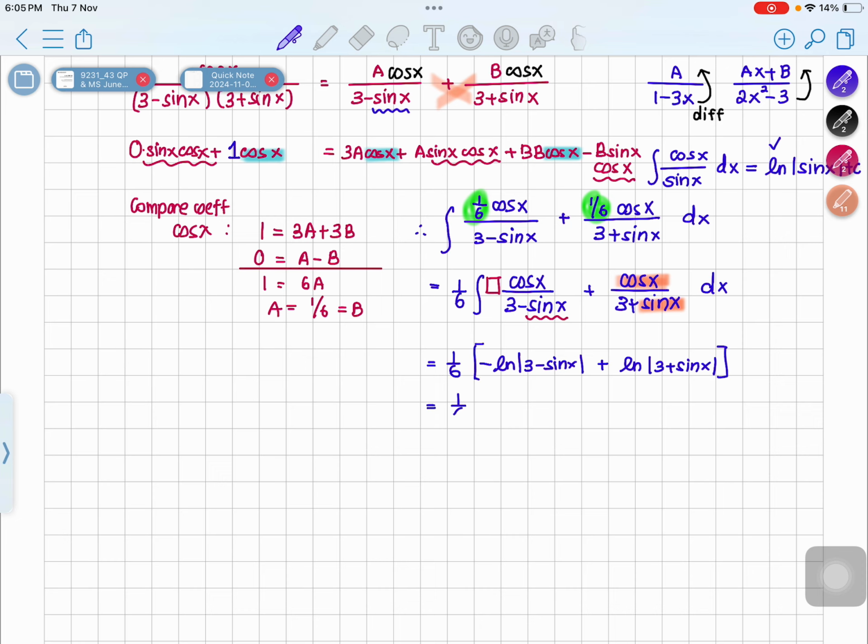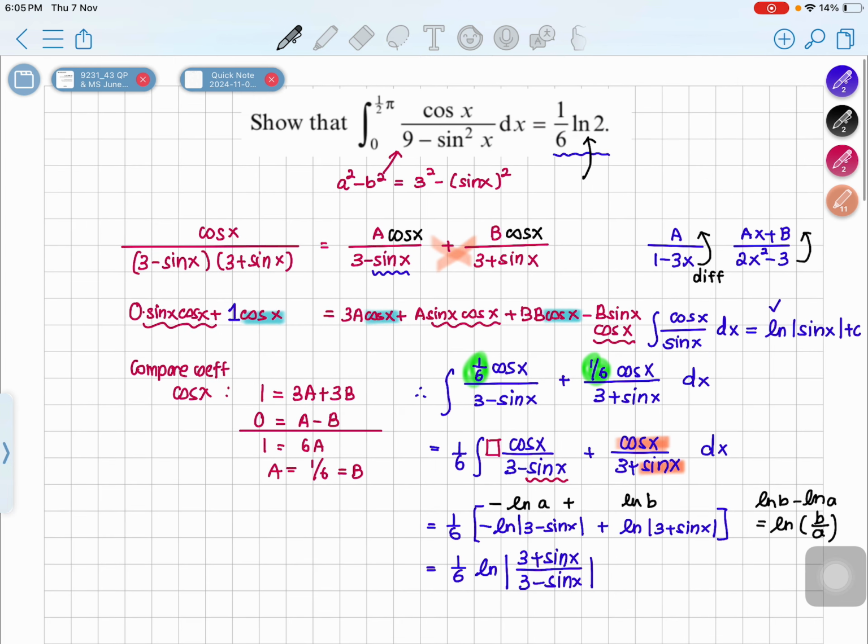To make your life easy, you can use the law of logarithms and merge them together, ln of 3 plus sine x over 3 minus sine x. If you have forgotten what I am doing here, it is like negative ln a plus ln b, which is ln b minus ln a, and that is exactly ln b over a. So that's what I have done.